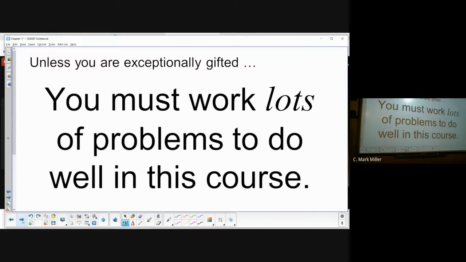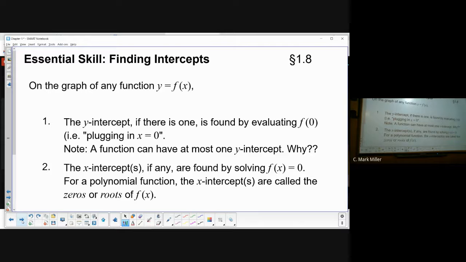Yeah, I've been around a lot of math departments. Number one reason, numero uno, essential skills. You're going to see essential skills a lot. Why? Because we're going through chapter R, 1 and 2. We're not in 2 yet.